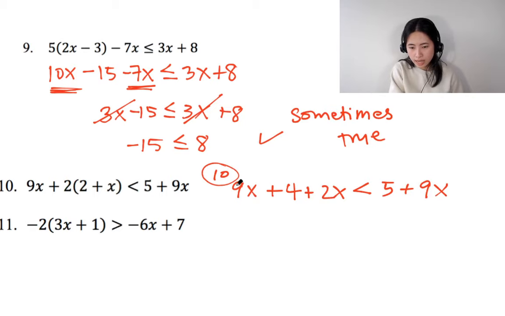Actually, you do have a 2x here, so that would be 9x plus 2x, which is 11x. Then, actually, let's go back to number 9. I just realized something.